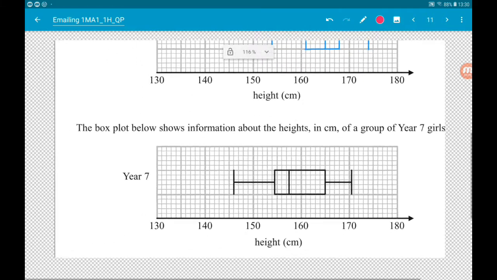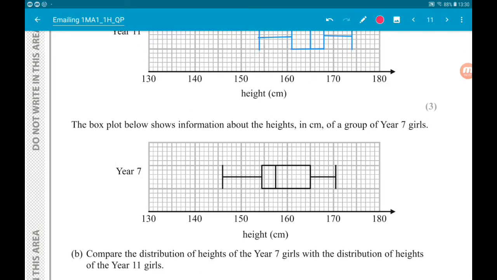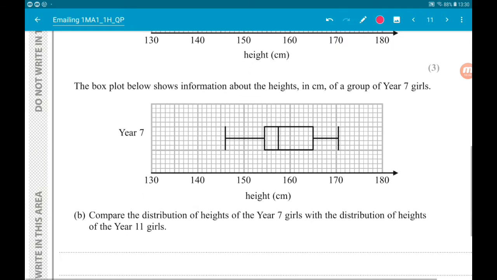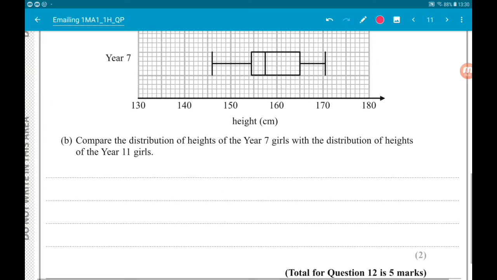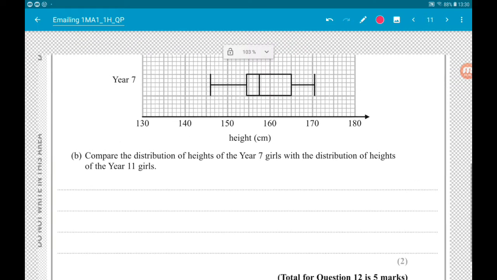Part B is a box plot with information about the heights of a group of Year 7 girls. And part B wants us to compare the distribution of height of the Year 7 girls with the distribution of height of the Year 11 girls. Now it's 2 marks, so we need to be making 2 comparisons.